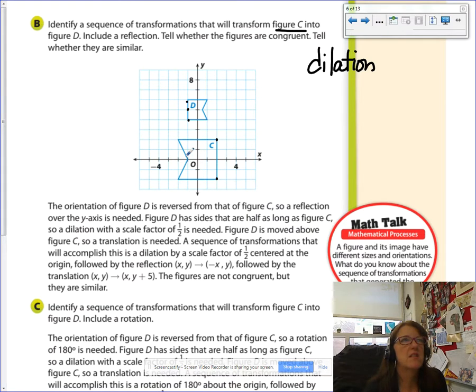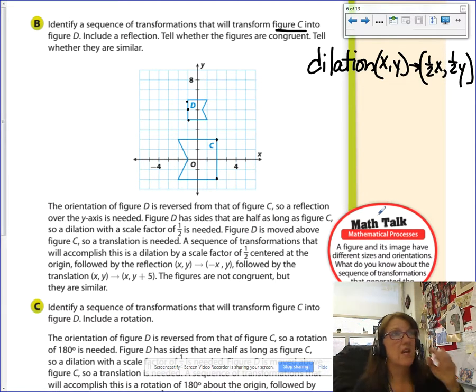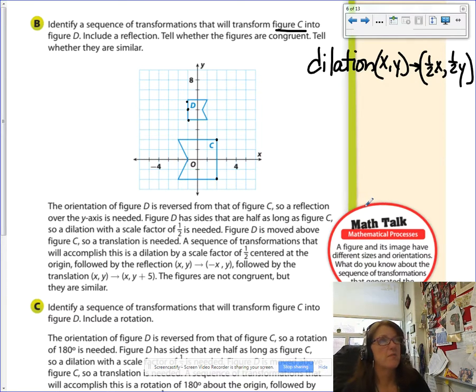To make this diagonal, I go vertically 2 units and then over 1. And now I'm just going to go vertically 1 unit and only over a half. So it looks like my dilation takes your original and we take half of x, half of y. I was doing that with side lengths, but you can verify this with some of your points. What's tricky here is that we also have an inverted image.